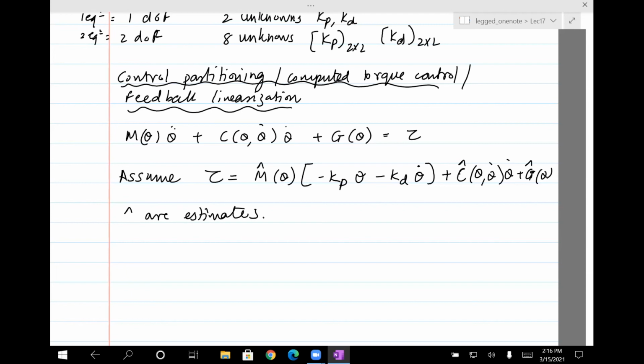Now, if you knew the system perfectly, and one of the goals of system identification is to find the system matrices perfectly, the mass, the Coriolis, and G precisely, then you have a perfect estimate.